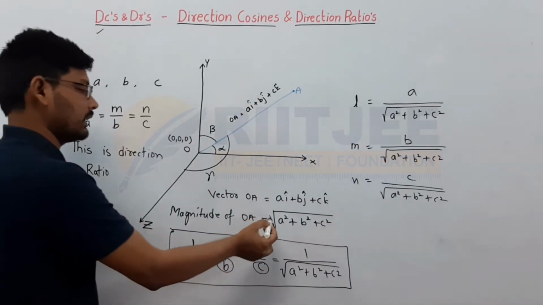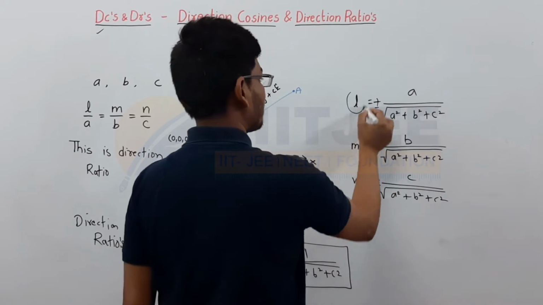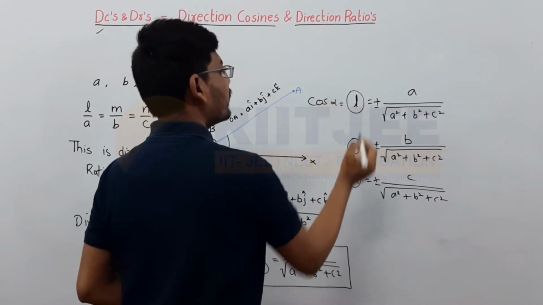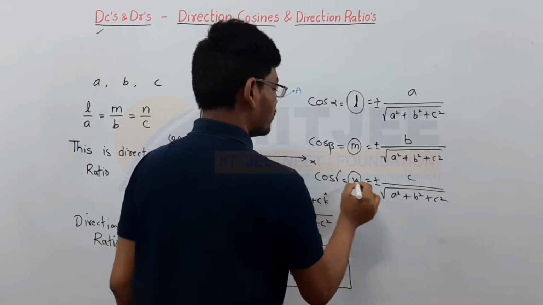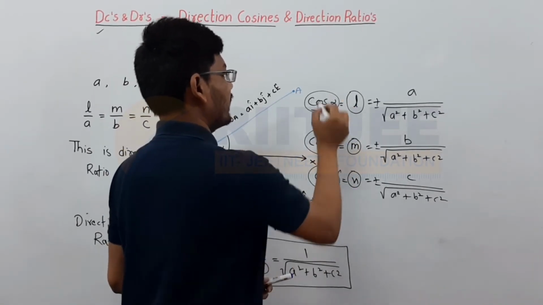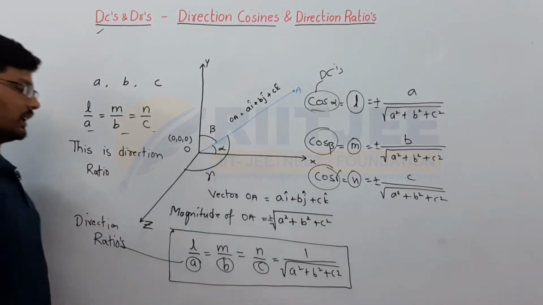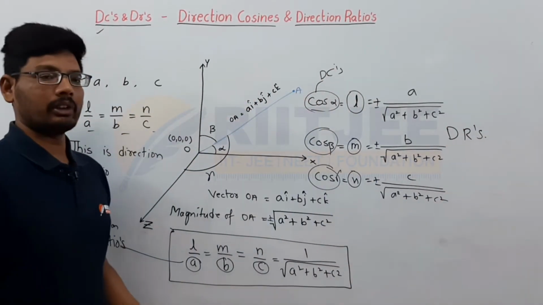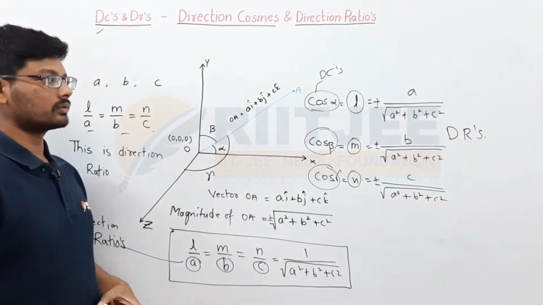The magnitude can be taken as plus or minus everywhere. Here L is cos alpha, M is cos beta, and N is cos gamma, where cos alpha, cos beta, cos gamma are the direction cosines, DCs, and A, B, C are the direction ratios.